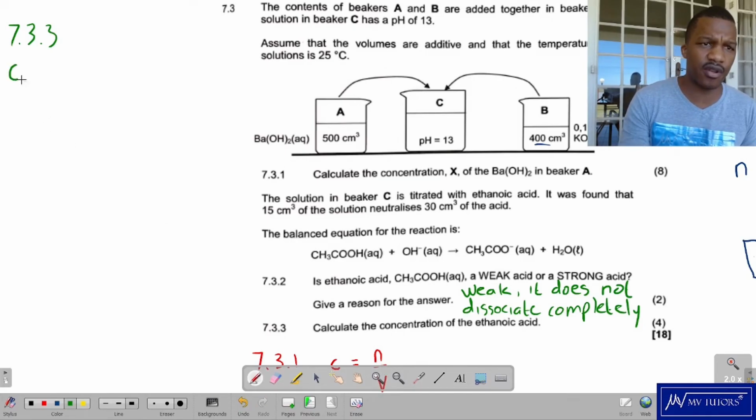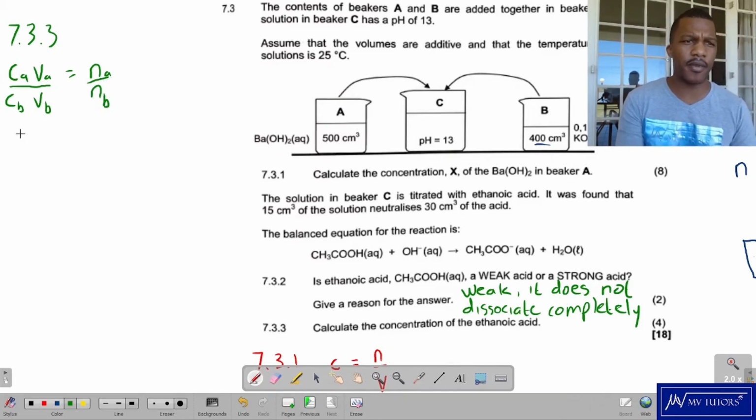So we can say the concentration of the acid times the volume of the acid is equal to the number of moles of the acid, and then we're just going to divide that by the number of moles of the base. Let's go on and fill these up now. Concentration of acid, that's what we're looking for. Volume of the acid.